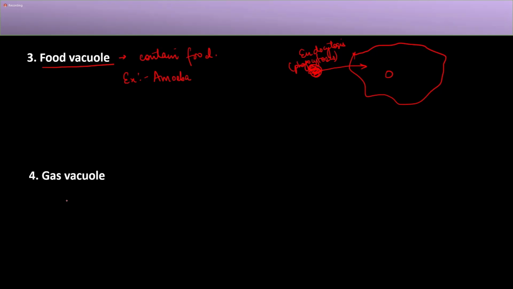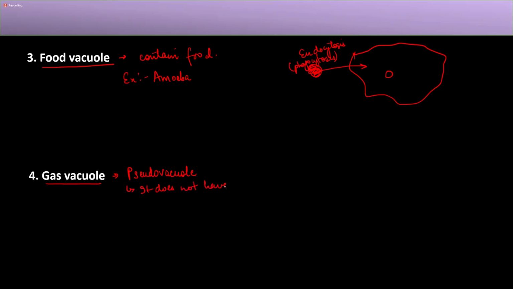The next type of vacuole is the gas vacuole. But a gas vacuole is not actually a vacuole, it is a pseudo vacuole. Why is it called a pseudo vacuole? Because it does not have a membrane.